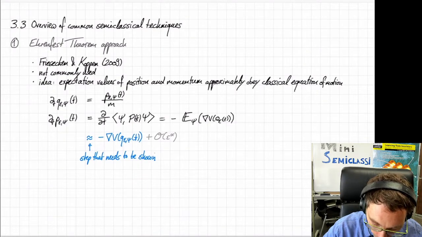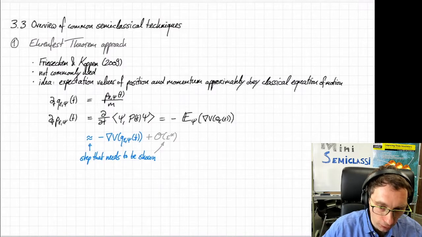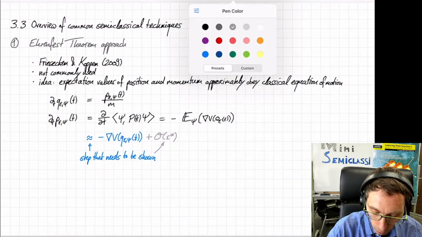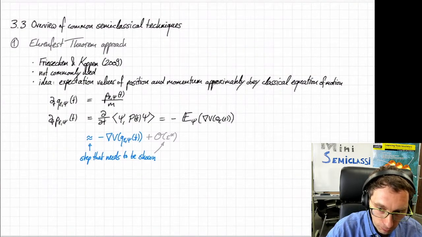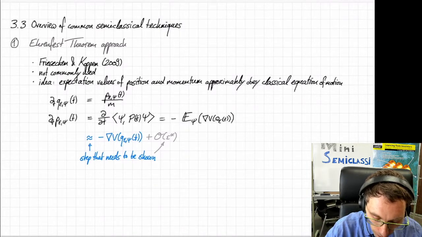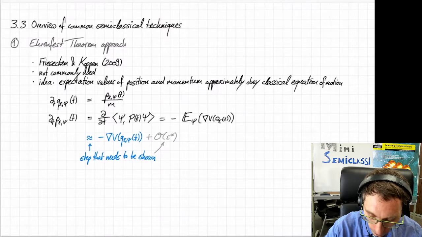So these are the two things that you need to concern yourself with. All right, so this is the first approach. Since we've discussed it in detail, I don't think I need to say anything anymore.